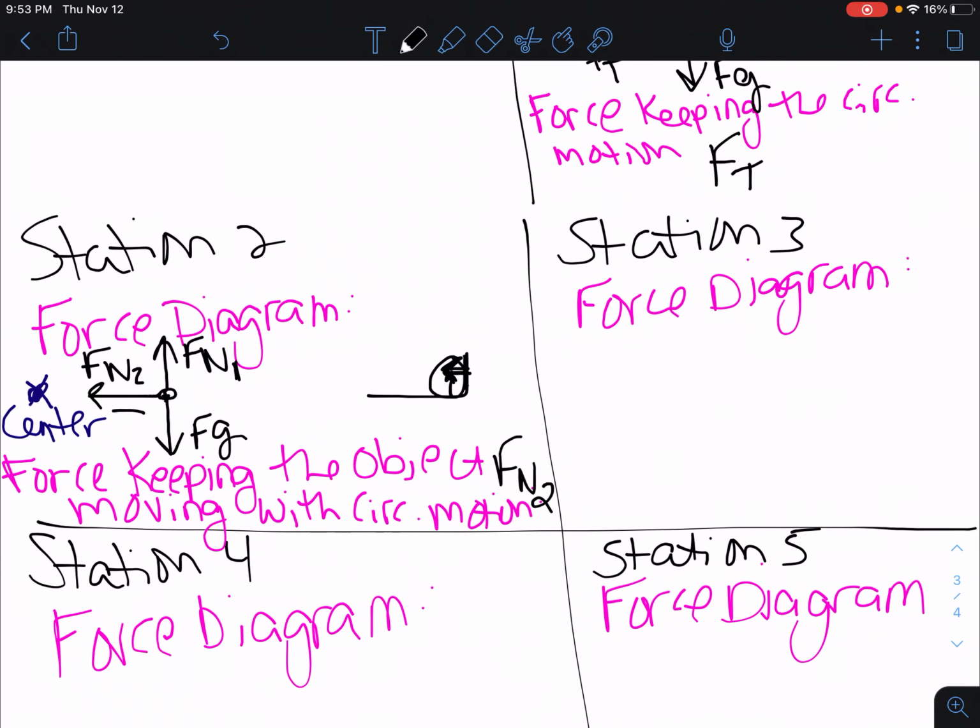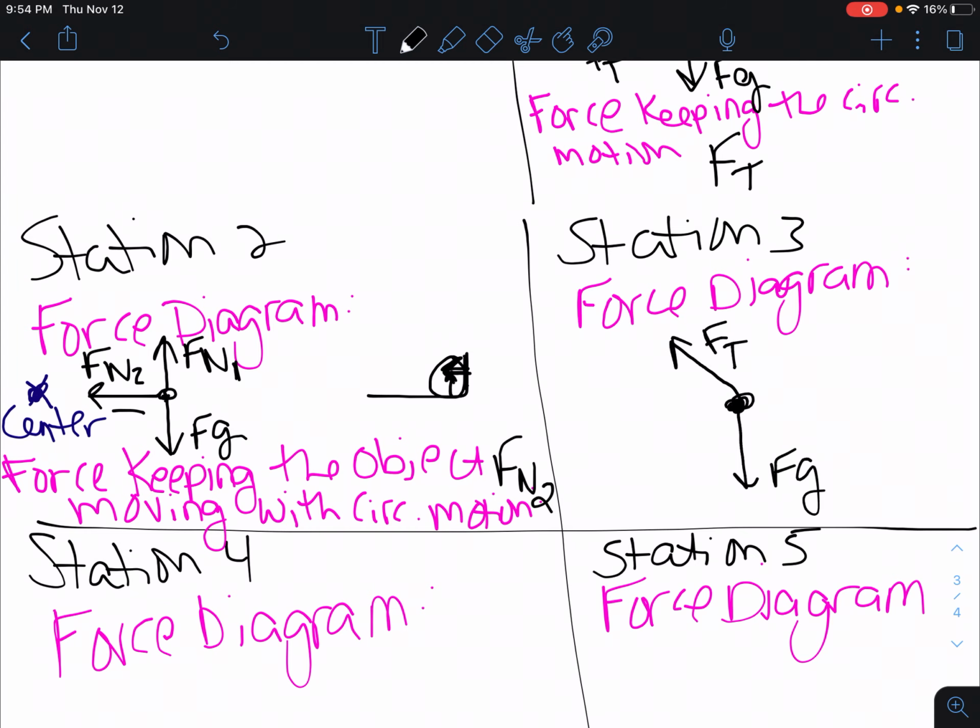So my cow has gravity acting on it. It is not on a solid surface, so we're not going to have a normal force. It's not sliding against any surfaces, so it's not going to have a frictional force. And then it is attached to a piece of string, so it's going to have a tension force.